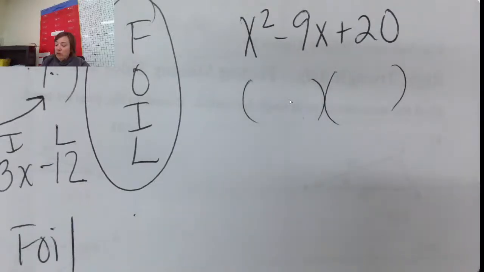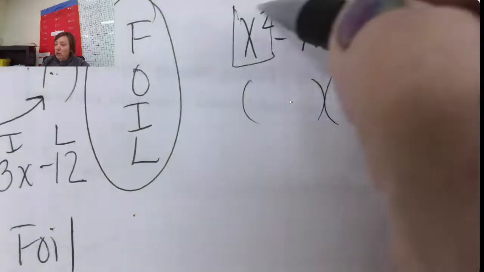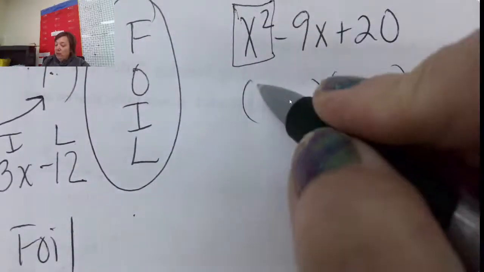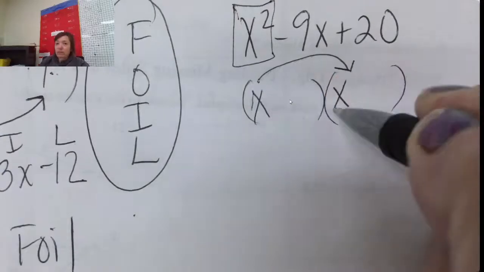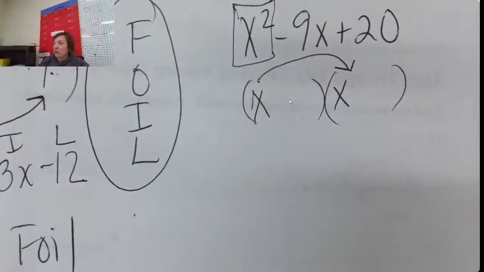Now, remember this first term right here comes from multiplying this first term times this first term. So you have to say to yourself, all right, what are things I could multiply to get x squared? Well, there's two options. You could do x squared times 1 or x times x. It's always going to be the x times x, y'all. Always. Okay? So that goes there.